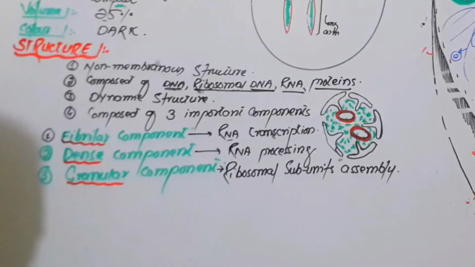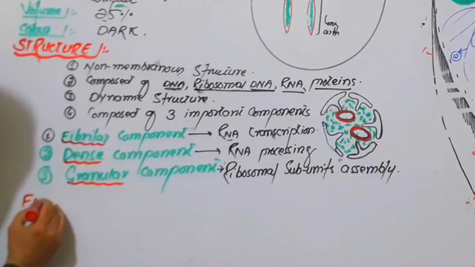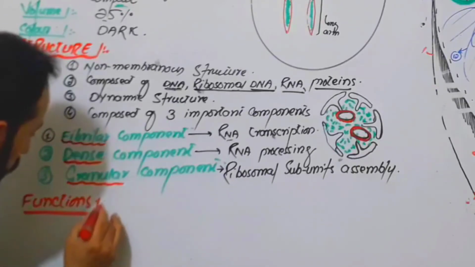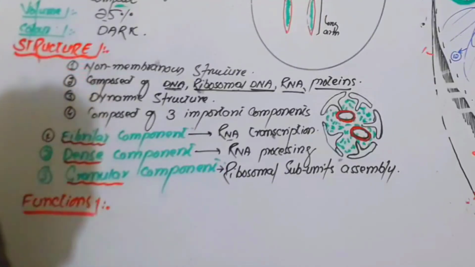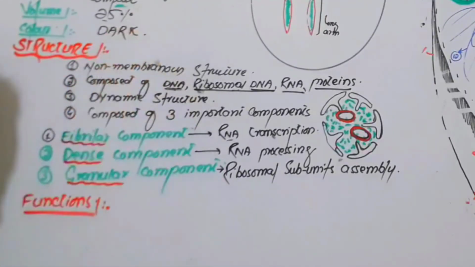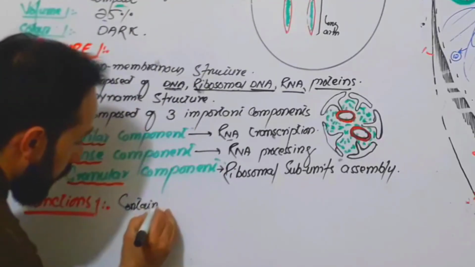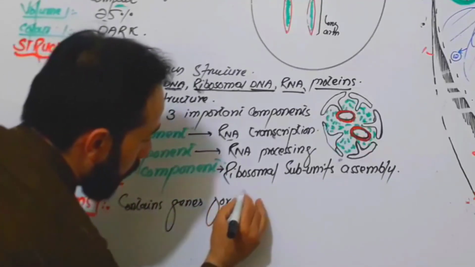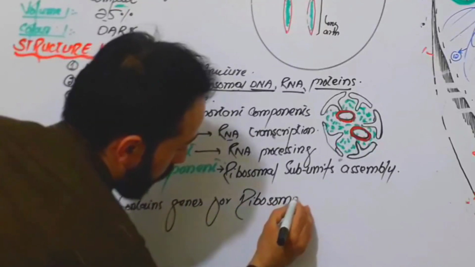Then we say, what are the functions of this nucleolus? What does the nucleolus do? So the nucleolus, as I told you before, is mostly responsible to make the ribosome, right? So it contains genes for ribosomal DNA or ribosomes.